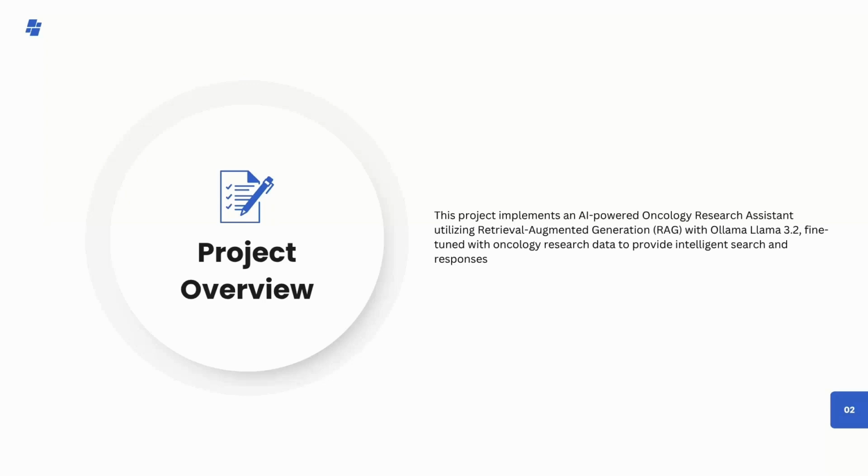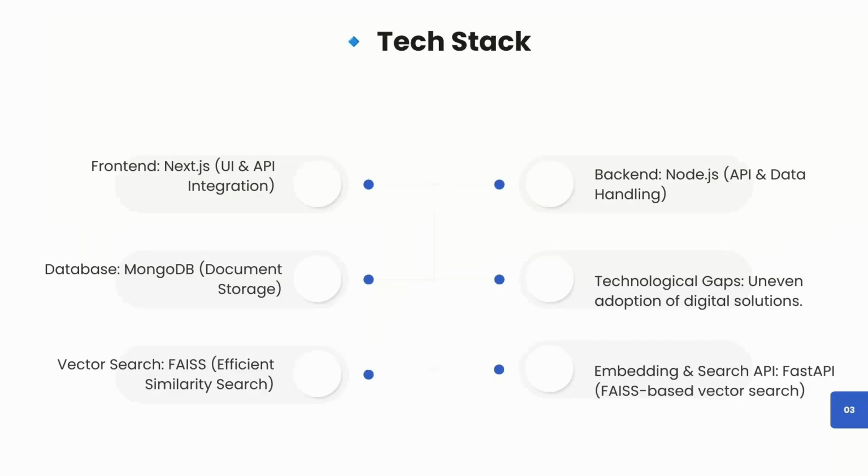Next slide, tech stack. The core technology behind it: the front end is built in Next.js, ensuring a seamless UI and API integration. The back end is also developed in Next.js with an API, handling API requests and data flow efficiently.